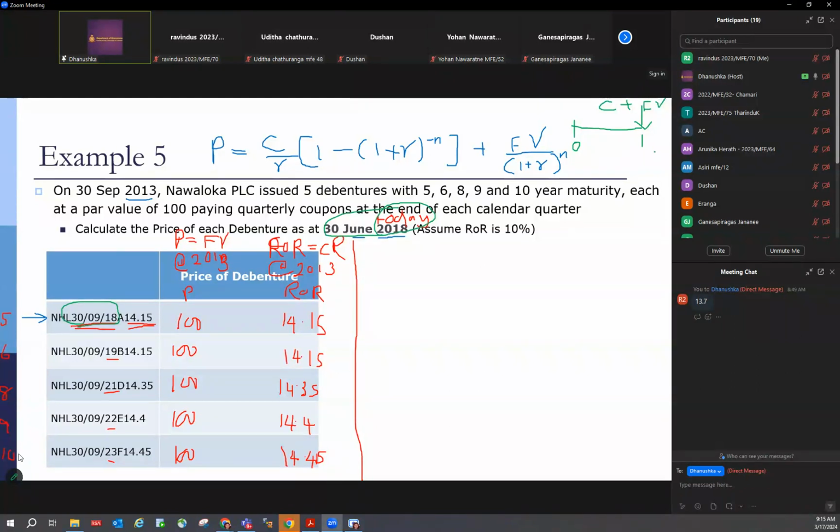I can straight away look at my coupon and my face value, and discount it over one quarter, and I can get the answer. As I go along, I can't do that. Correct, Jagan? That's right. So N is 1 for the first debenture. How much is N for the second debenture?